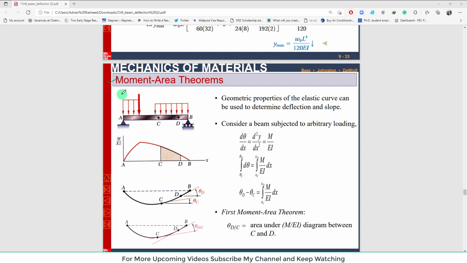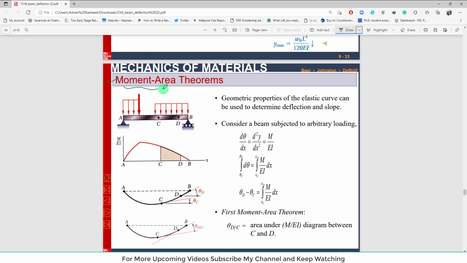Then in part number 3 we discussed statically indeterminate beams. Then in part 4 we discussed the method of superposition, and in part 5 we discussed singularity functions for slope and deflection. So here we are going to cover the moment area theorem in order to find the slope and deflection. So let's start with the topic.